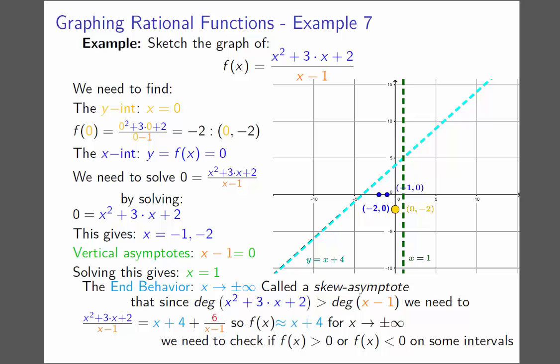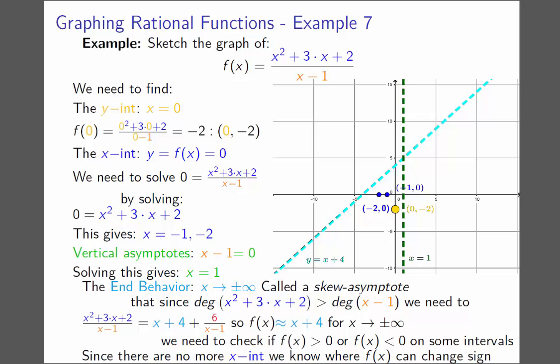Now, like we did for polynomials, we need to check if our function is positive or negative on some of our intervals. And since there are no more x-intercepts, we know that f of x cannot change from negative to positive or positive to negative, except at our two x-intercepts or the vertical asymptote. Now let's look at each interval one by one.